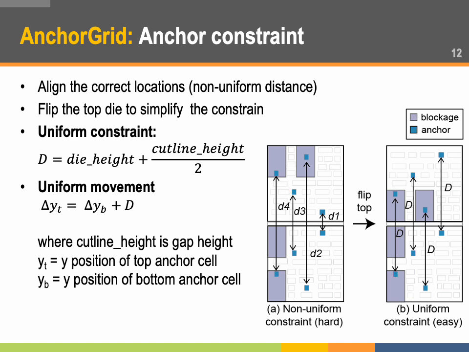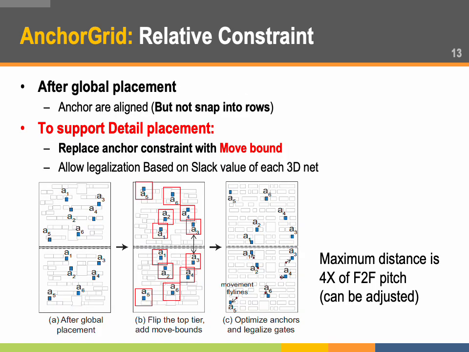To simplify the alignment process, we flip the top die vertically at its center point. As a result, the anchor cell distance becomes uniform, allowing us to constrain the top anchor cell to follow the bottom anchor cell. At this stage, the anchor cells are aligned, but the cells have not been legalized.